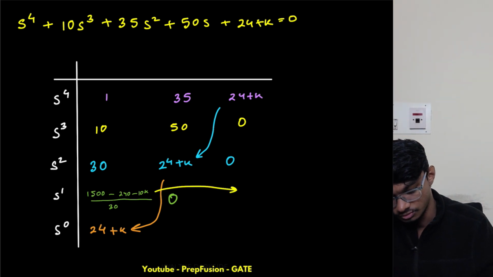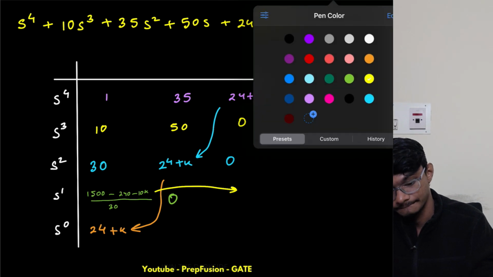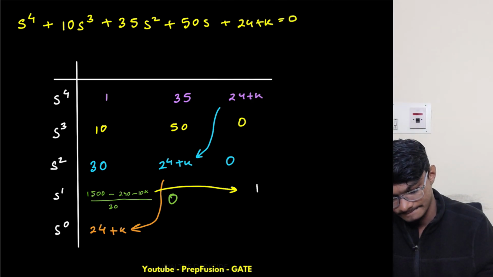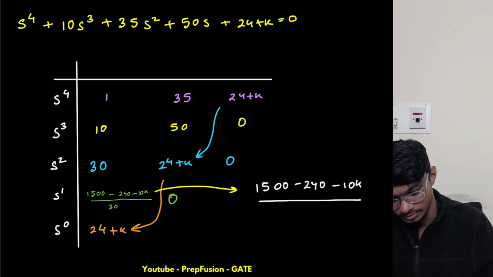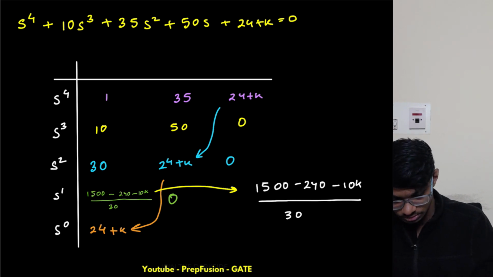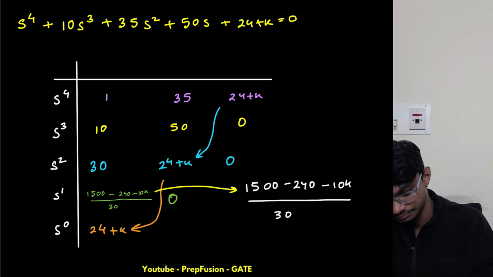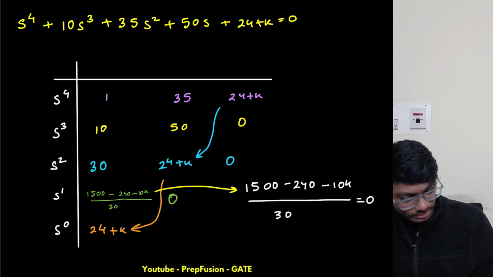So equate this one with 0. 1500 minus 240 minus 10k, divided by 30, equals 0.